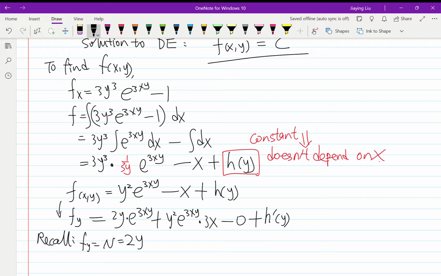So that's a 2y e to the 3xy plus 3xy squared e to the 3xy. So now you can either set them equal and cancel the same terms, or you don't have to set them equal, just by looking at them. This is the first term, they match. The second term, they also match. 0, okay, match with 0, that's fine. h prime of y, nothing left, so that will be 0.